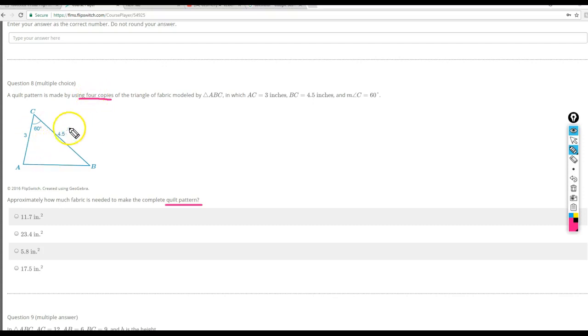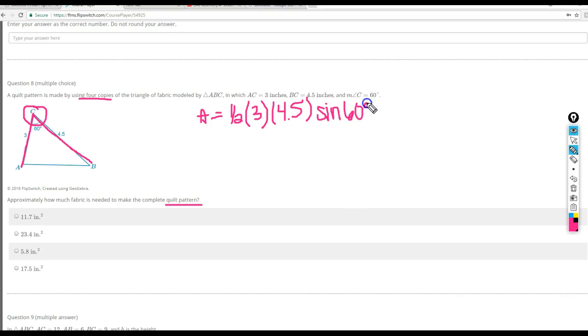So the area of our triangle ABC is going to equal 1/2 of an adjacent side times the other adjacent side times sine of the included angle, which is 60 degrees.